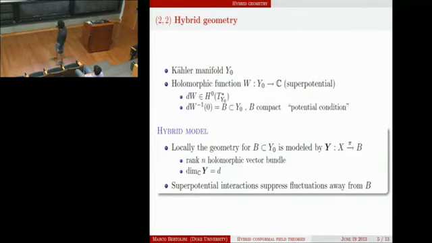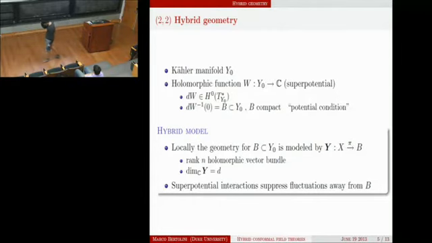We call this condition the potential condition. Such a geometry has a hybrid model if locally the geometry near B is modeled by the total space of a rank n holomorphic vector bundle over a base of some complex dimension D.